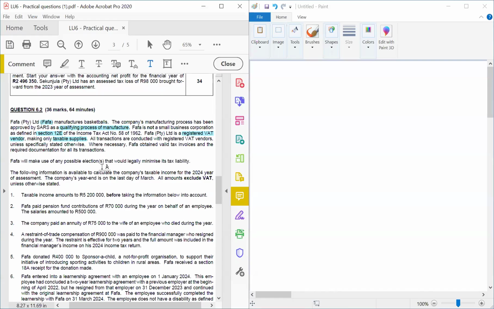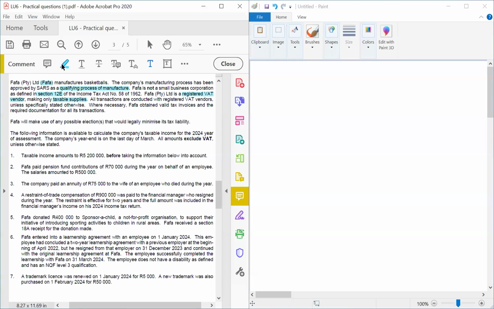So now, they also tell me that SARS approved this company as a process of manufacture. I know that some allowances would now be applicable for Section 12C, right? Section 12C only deals with process of manufacture, right? Okay, nonetheless, let's read this part.